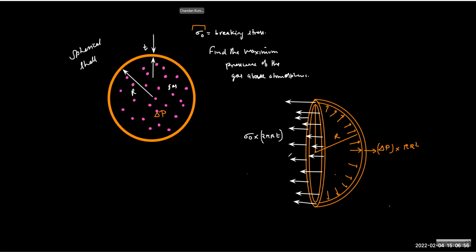On this area the force is acting, right? Because it is acting only on the thickness part, and the thickness part is very small, isn't it? This is the thickness part. This is where it is acting.